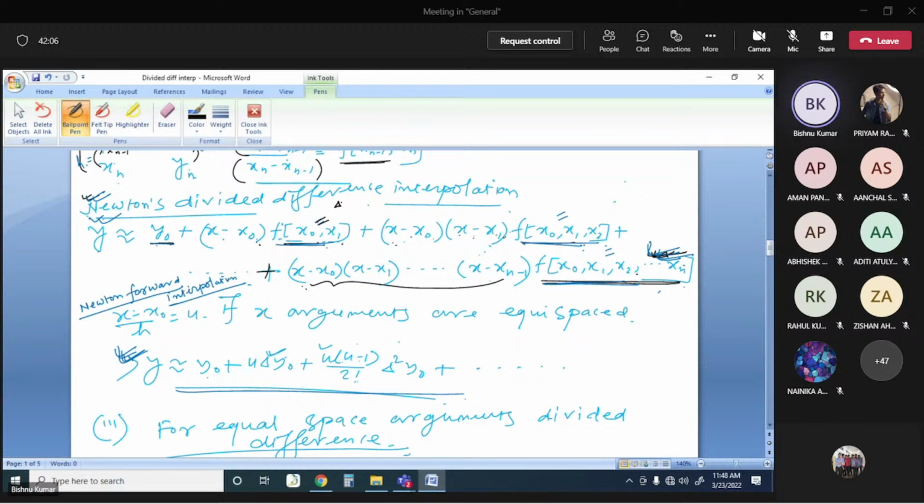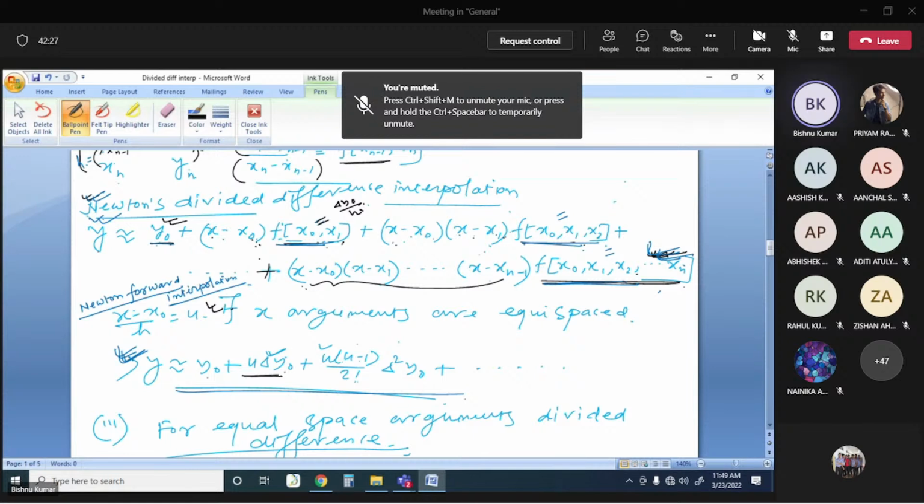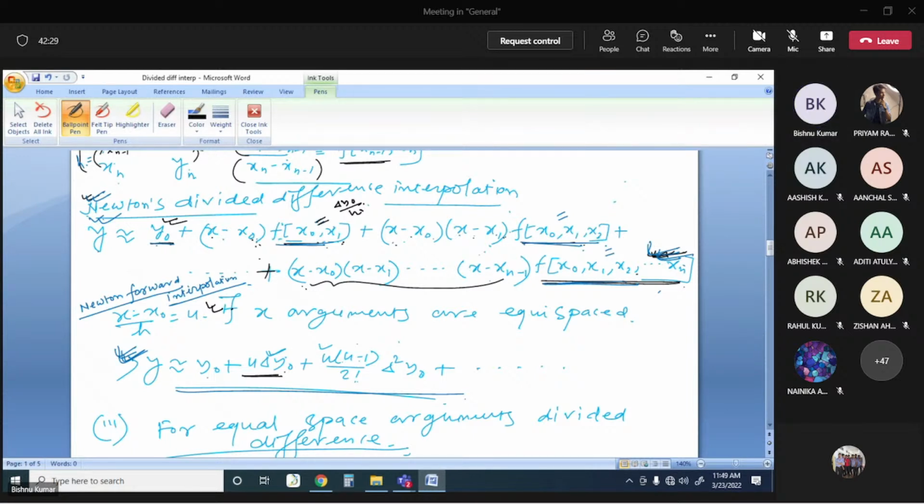And this x minus x0, and if I consider this denominator h, x minus x0 by h, that is u, then the first term is y0, the next term will be u into del y0. Isn't it, students? Yes, sir.